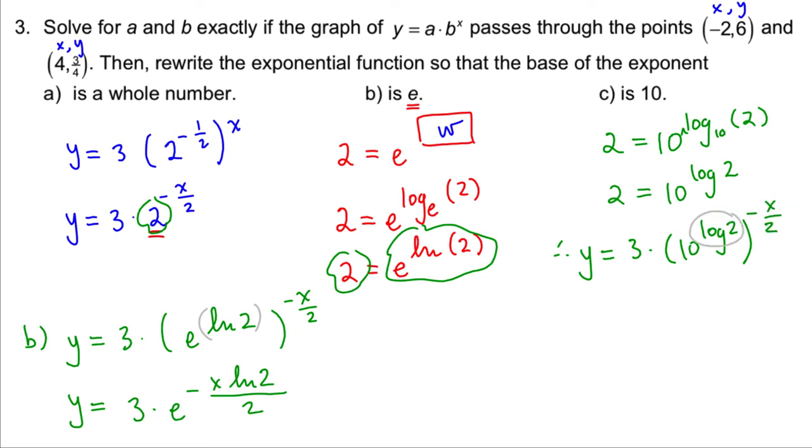And I can multiply those two exponents together to come up with my final y equals 3 times 10 to the negative x log 2, all divided by 2. Well, it wasn't the e that made it complicated. It's this log 2 or ln 2 that makes it complicated. I still prefer the blue expression.